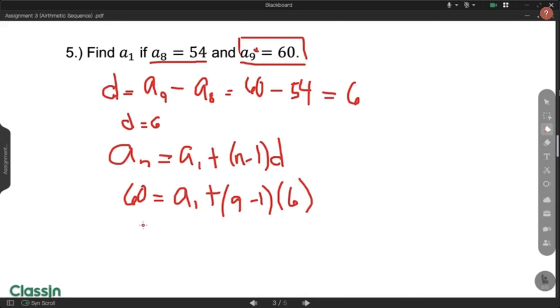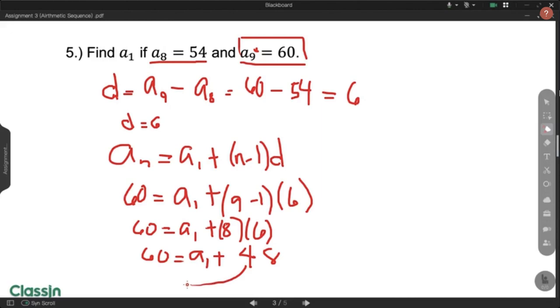So we have 60 equals a sub 1 plus 8 times 6. What is 8 times 6? 8 times 6 is 48.